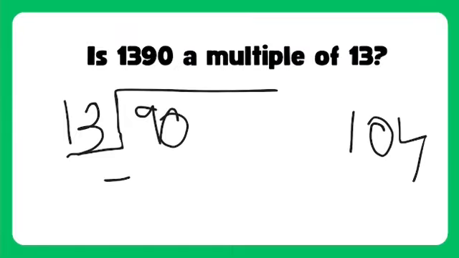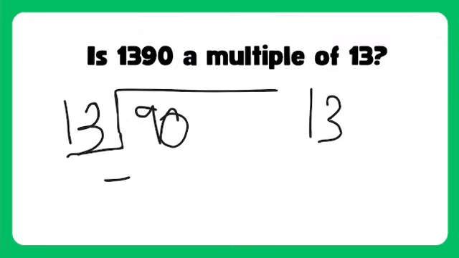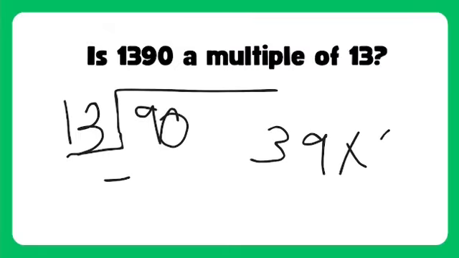And I think we can just subtract 26 from this. 104 minus 26 gives us 78. What I'm thinking we can do here is 13 times 6. So we can just do 13 times 3, which is 39, and we can do 39 times 2, which will give us 78.